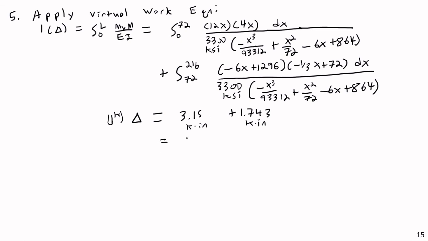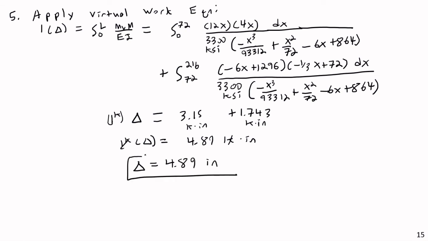And adding those together, we would get 4.89 kip inches, and then 1 kip times delta. That would cancel out, the kips would cancel out, and we would get a delta equal to 4.89 kips. Or sorry, 4.89 inches. And that would be the final desired value.